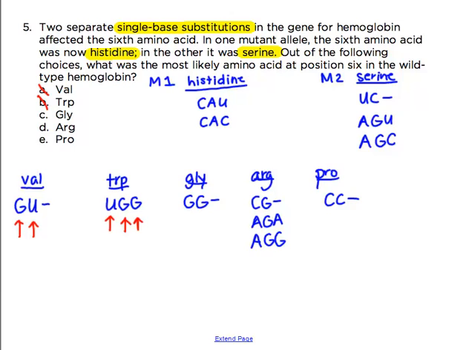Now for glycine, glycine can be GG dash. So to get from glycine to histidine, you would have to change this G to a C and this G to an A. So again, that's more than one base substitution, so glycine is out. Now arginine. If we're looking to convert arginine into histidine, let's say that arginine was encoded by a CG dash codon.